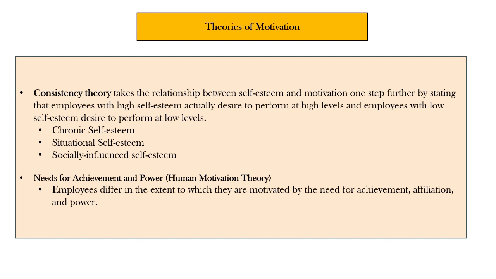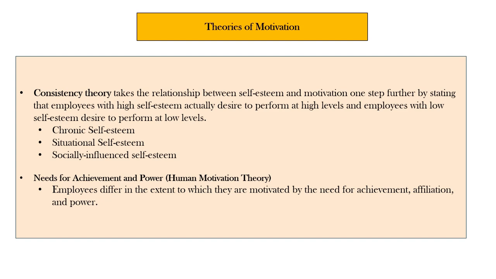Okay, we also have the needs for achievement and power. Actually, tatlo ito. Needs for achievement, affiliation, and power. But for shorter, it's the needs for achievement and power or the human motivation theory by McClelland. Okay, sinasabi dito that employees differ in the extent to which they are motivated by the need for achievement, affiliation, and power.